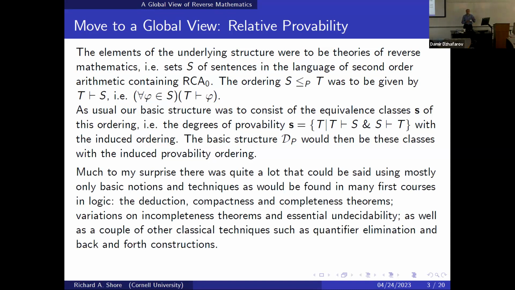Well, maybe with some little trickery here and there. Things like the deduction theorem, compactness, completeness, Gödel incompleteness theorems, back and forth arguments, quantifier elimination, sort of the bread and butter of a first year logic course.